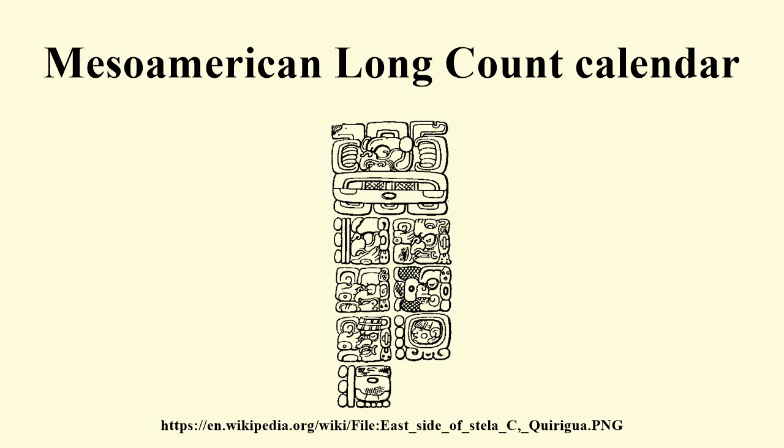The previous creation ended on a long count of 12.19.19.17.19. Another 12.19.19.17.19 occurred on December 20, 2012, followed by the start of the 14th Baktun's 13.0.0.0.0 on December 21, 2012.